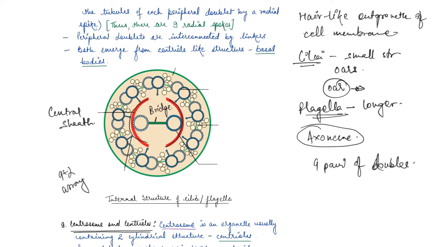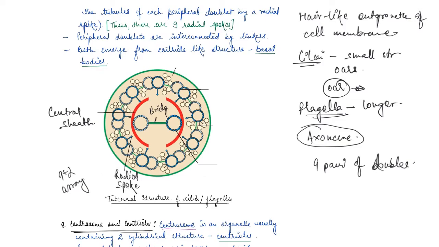Now the central sheath is connected to one of the tubules of each peripheral doublet by a radial spoke. Here you see these spokes, so it is connected by these radial spokes.